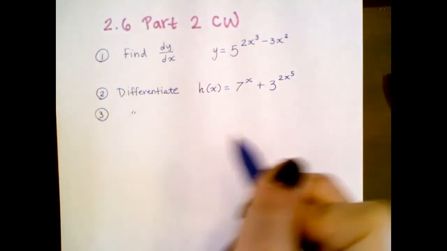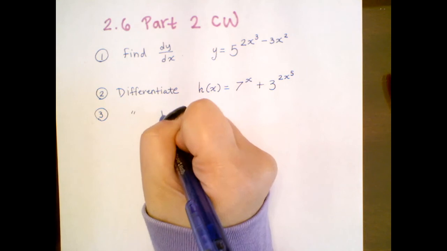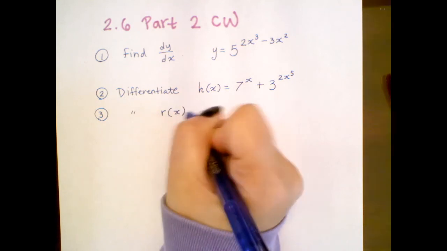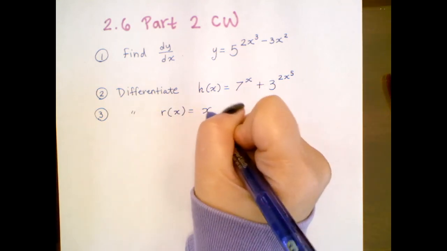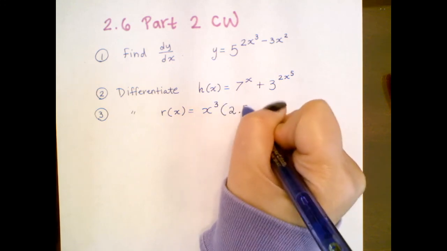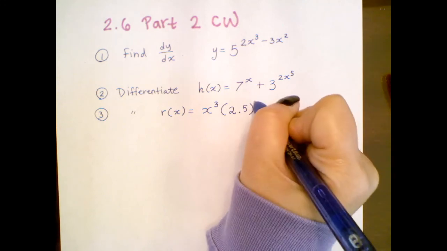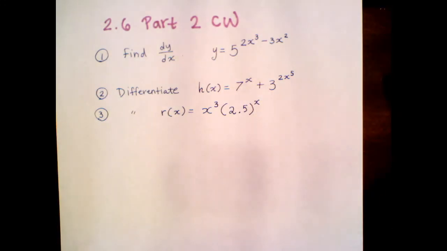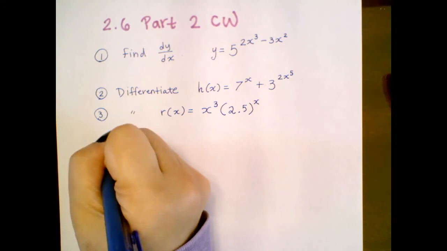Same thing. Differentiate this time. Let me give you r of x. R of x is equal to x to the 3rd power times 2.5 to the x power. And then the last one, number 4.